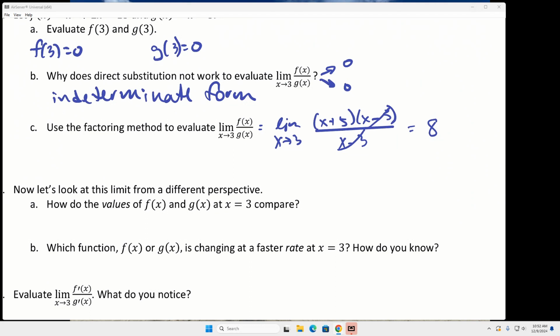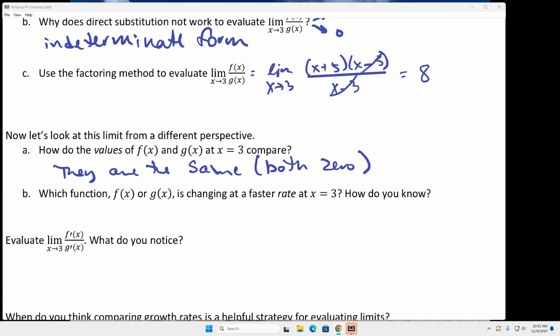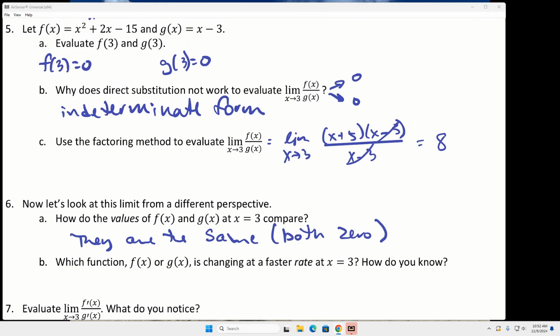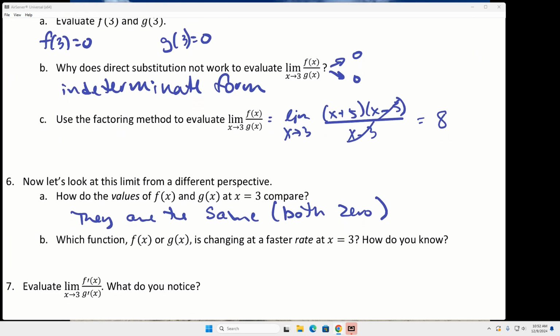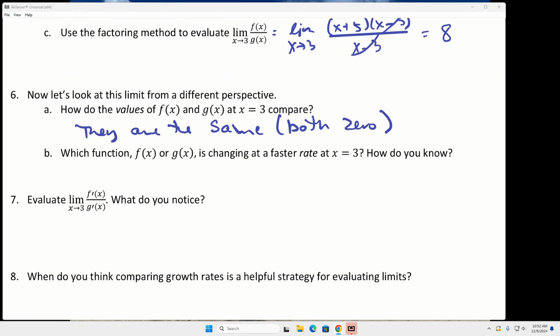All right, and then part A says, how do the values of f of x and g of x at 3 compare? We already knew that. They're both 0. And then which function is changing at a faster rate at 3? Yeah, we could find the rates at which they are changing.